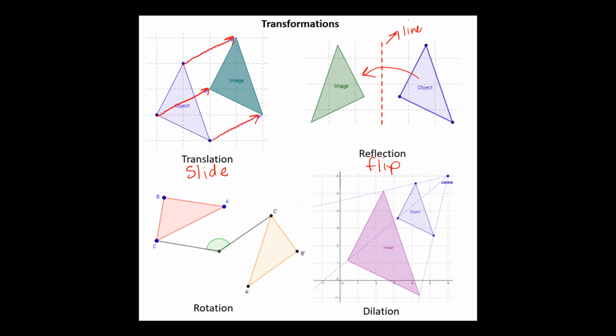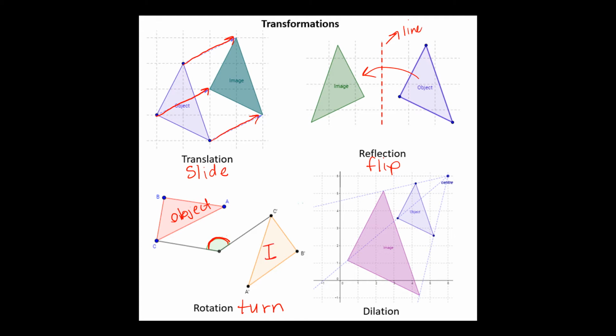The next one we have is a rotation. A rotation we also know is a turn. So we are taking the image or the object that we have, and we are turning it about some type of given angle to create now a new image.